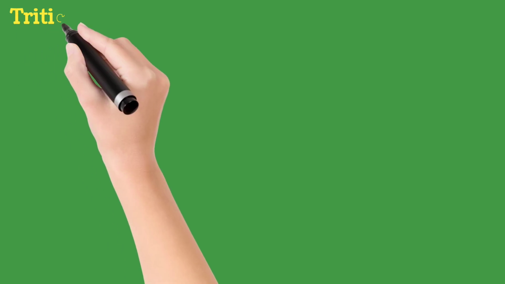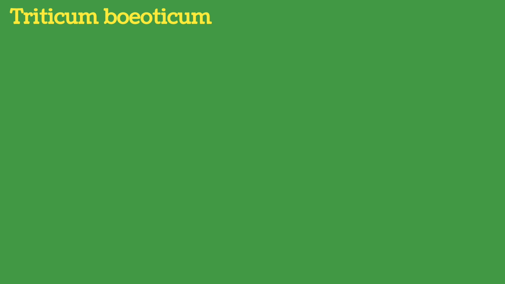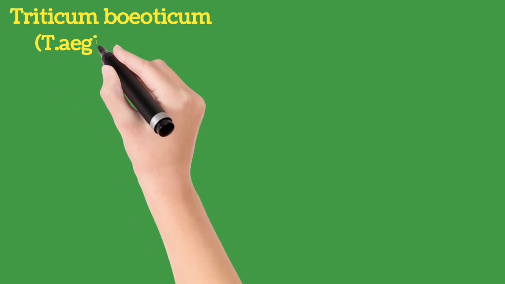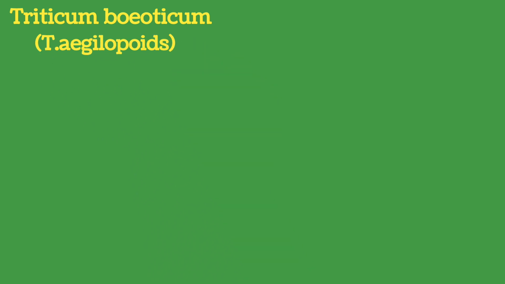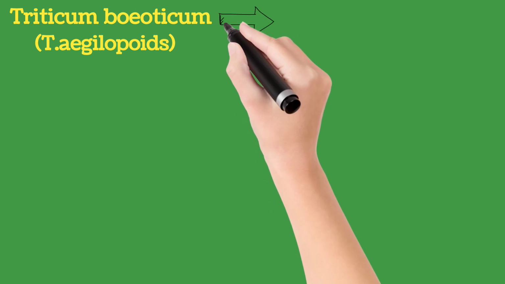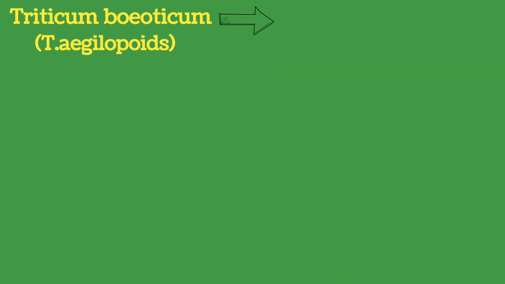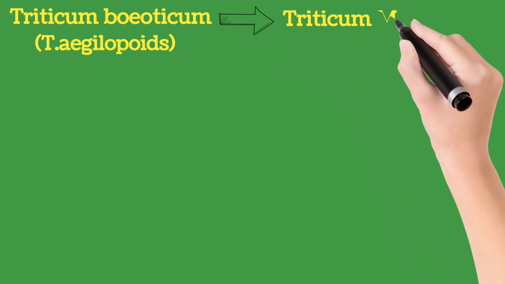In the world, there was a wild type of wheat species, namely Triticum boeoticum. This species is also known as Triticum aegilopoides. Now through natural selection, this species has changed into a very important type of wheat called Triticum monococcum.